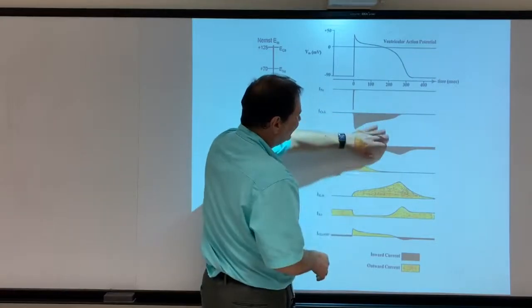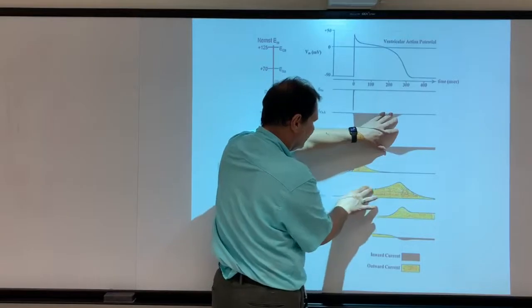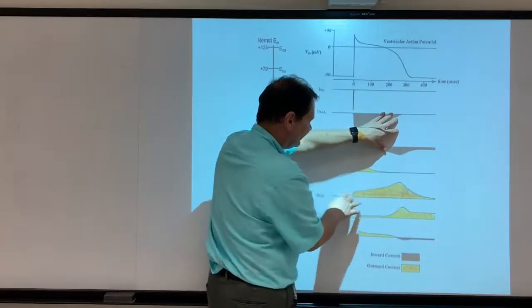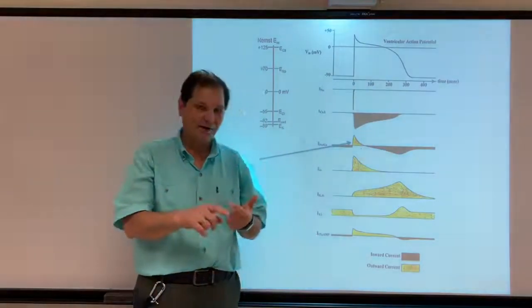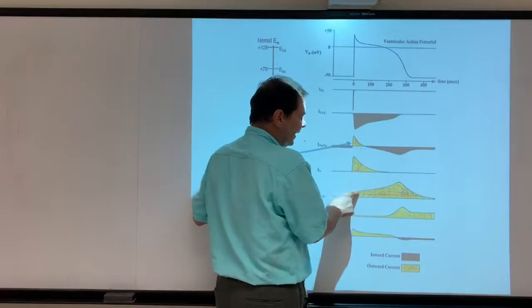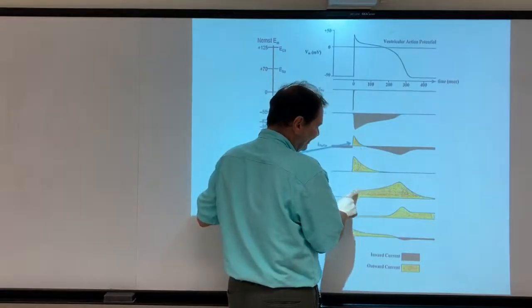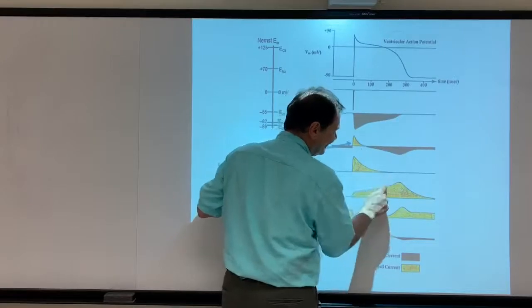But these two inward currents that are flowing mostly during phase 2 are balanced by your delayed rectifier currents, IKS, IKR, and IKUR. IKUR activates really quickly, and then IKR is activating during this phase, and then it plateaus full off, and then you see this rise that you get late.